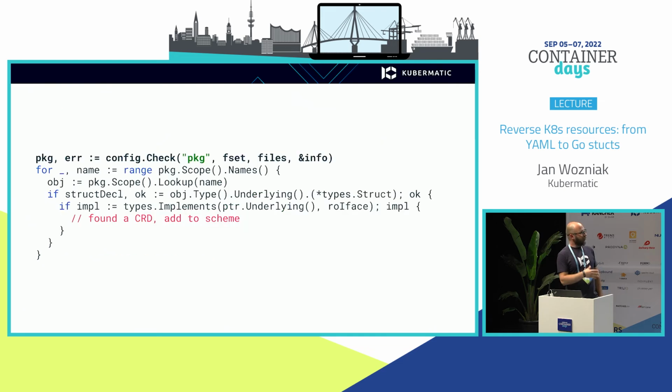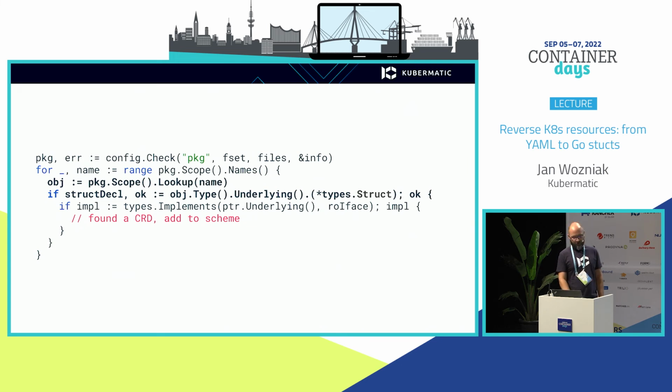So the algorithm, this is just kind of a gist of it. It's compressed a little bit to fit on the screen, but it's not much bigger than this. First, we initialize our AST parsing, and then we check all of the files and resources there. We iterate over all of the symbols inside of the AST, and we look up whether the underlying object of that certain symbol is a struct type.